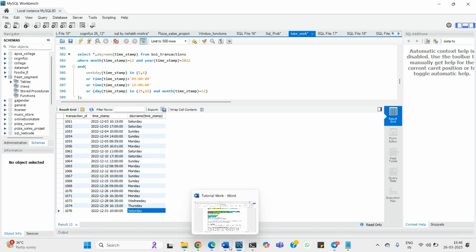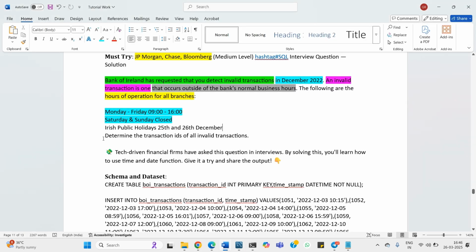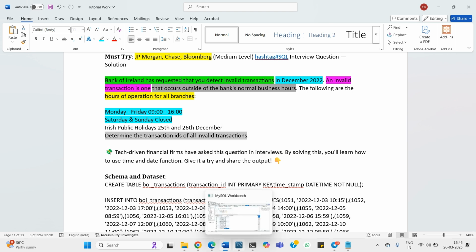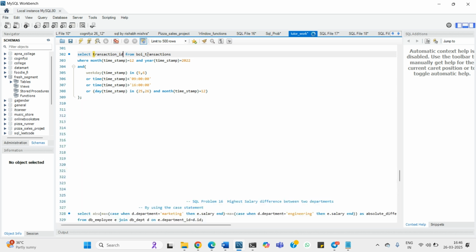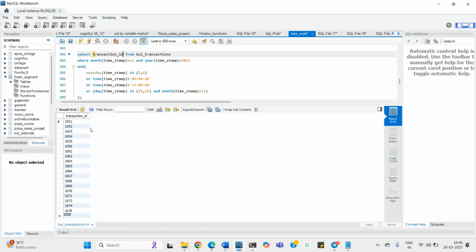So this is how we solve this problem, guys. In the last statement, it is said to determine the transaction IDs of all the invalid transactions. So for determining the ID, we'll just write transaction ID. If I hit enter, I get the IDs of only invalid transactions.